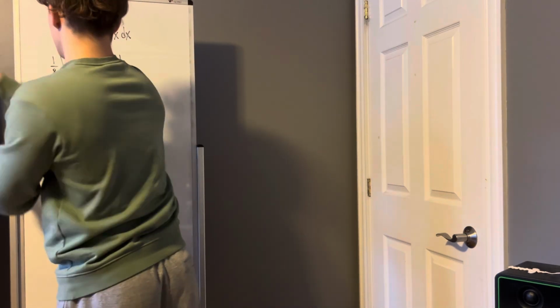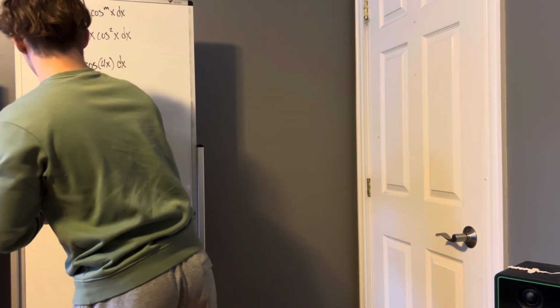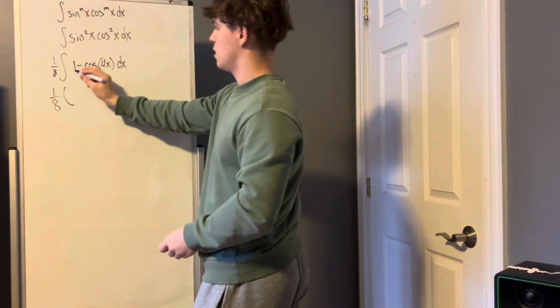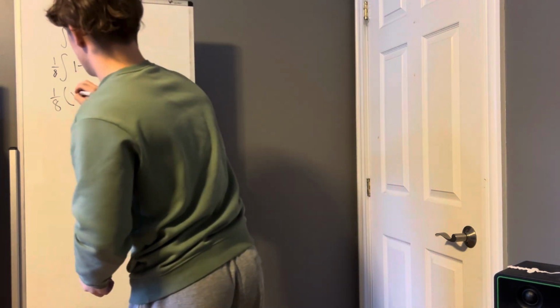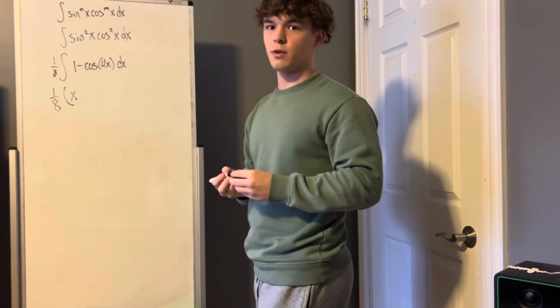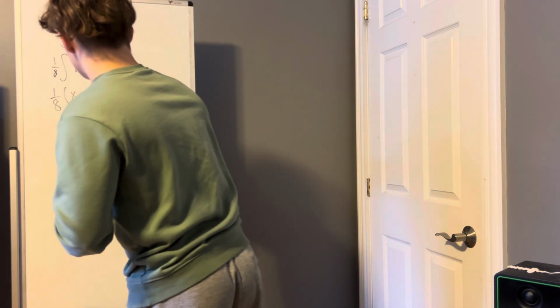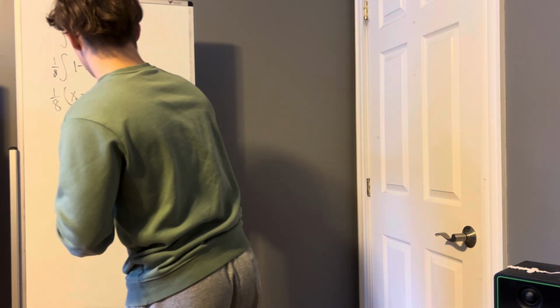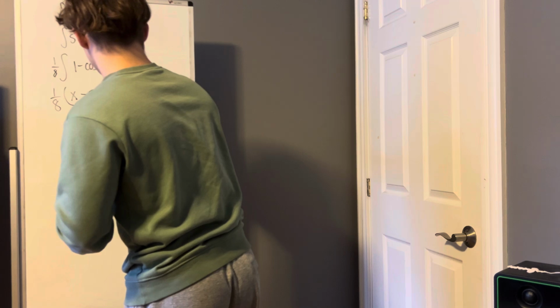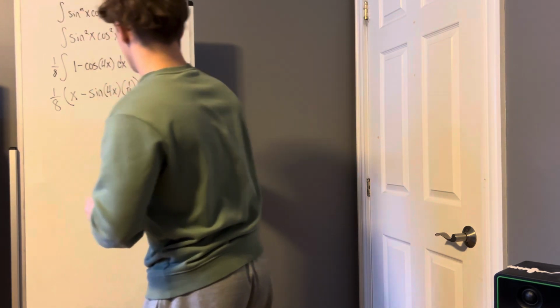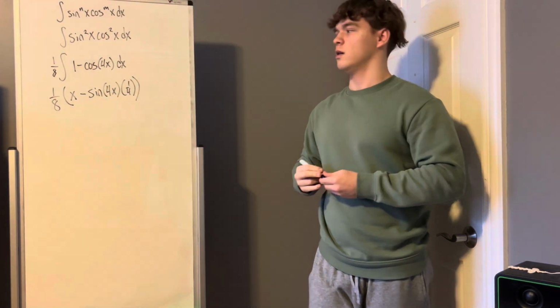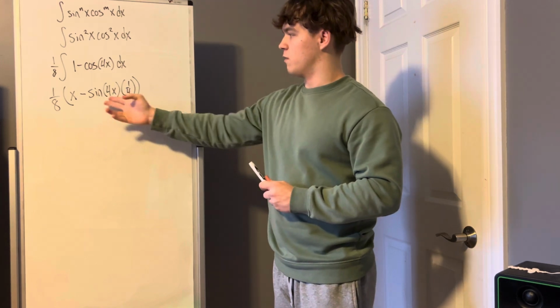What we're going to get is 1 over 8 times the integral of 1 is just x, or the integral of dx you might want to think of it, minus sine of 4x times 1 over 4 using the reverse chain rule. That's an easy one. We know that if it was a derivative, we'd put a 4.